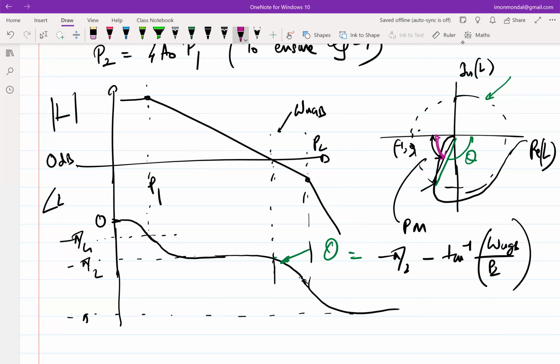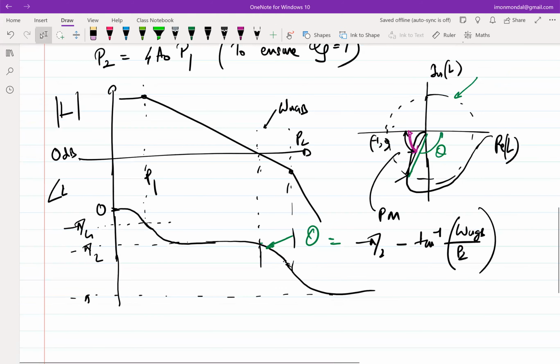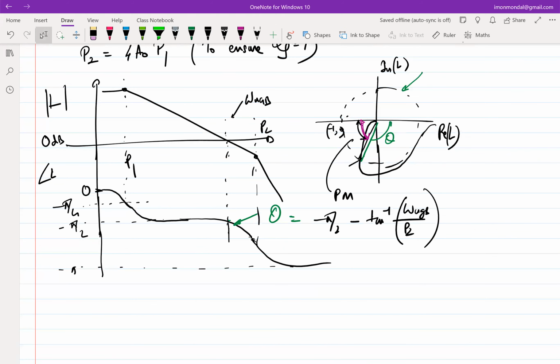Okay, so in case of zeta equal to 1, what is my UGB? For a stable system, P1 and P2 have to be far apart. Correct.